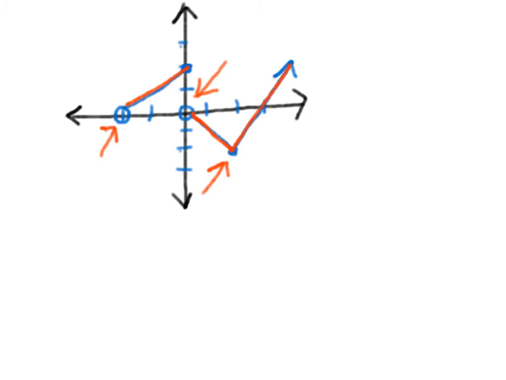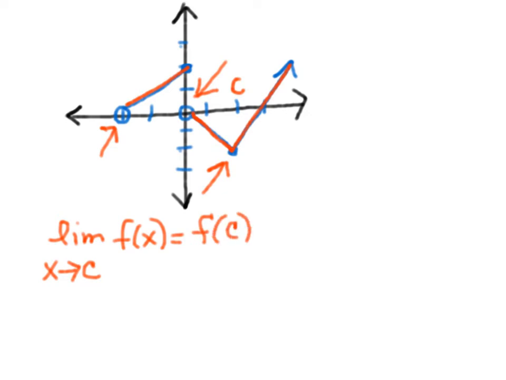So let's say that this is an interior point, C. Our function rule, the theorem says about continuous points, is that if the limit as x approaches C of our function is equal to the value of the function at C, then f of x is a continuous function.